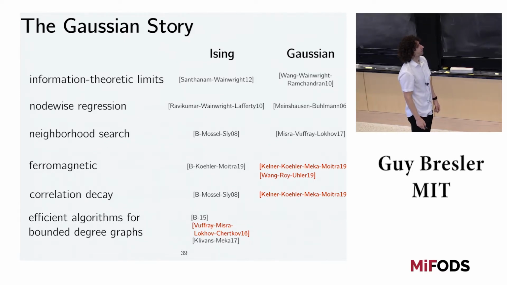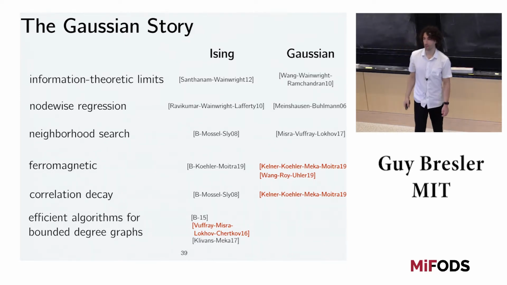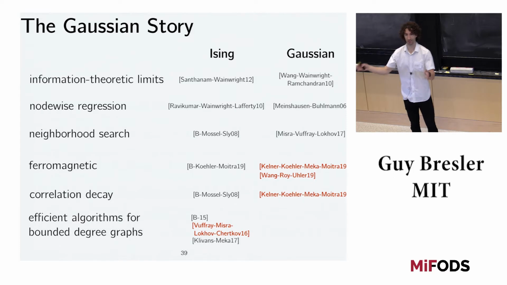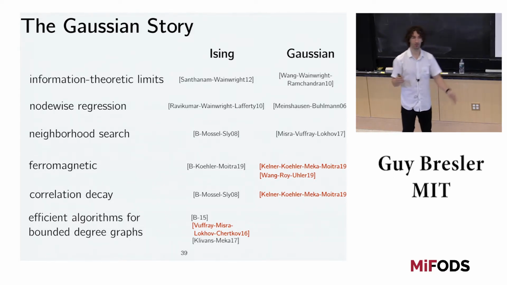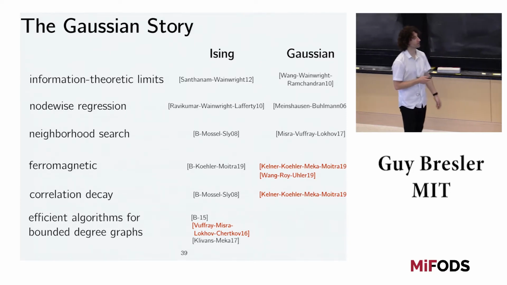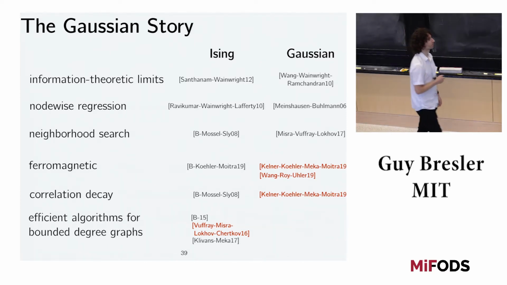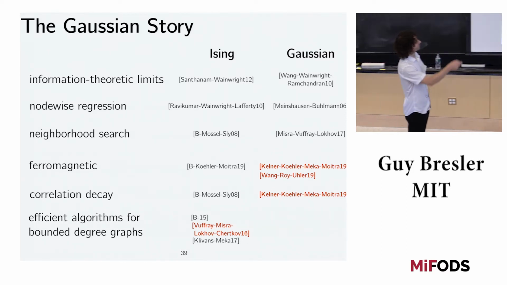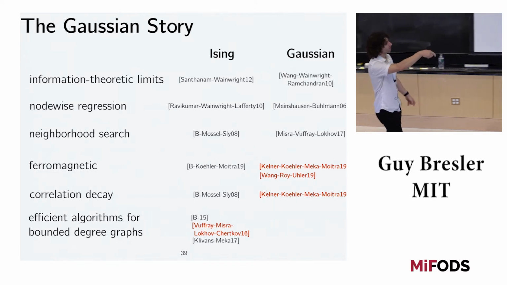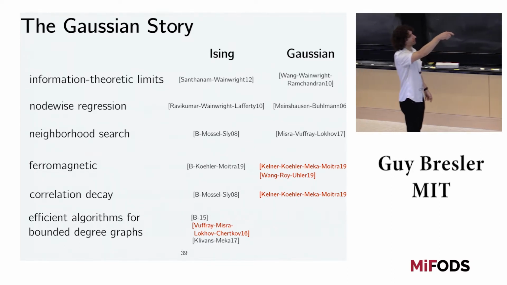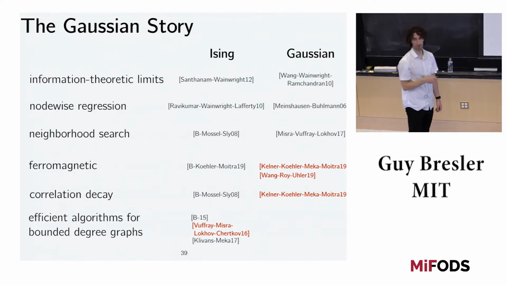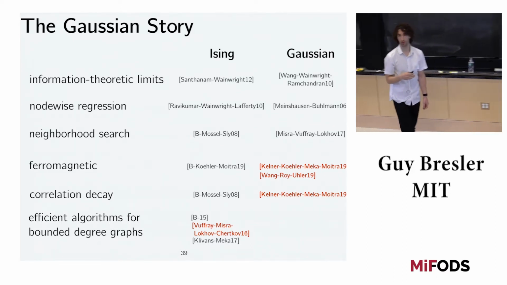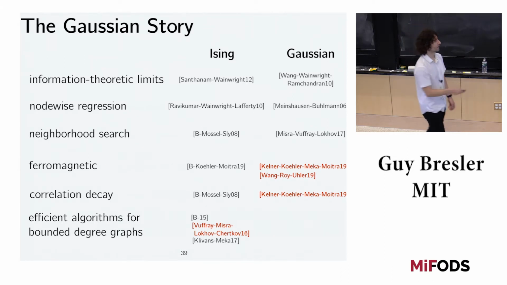Okay, there is also a parallel universe that addresses the Gaussian case instead of the Ising case, and there are indeed many parallels. So there are a sequence of papers that parallel the Ising model situation, although there are some things that are less well understood in the Gaussian setting than in the Ising model case.